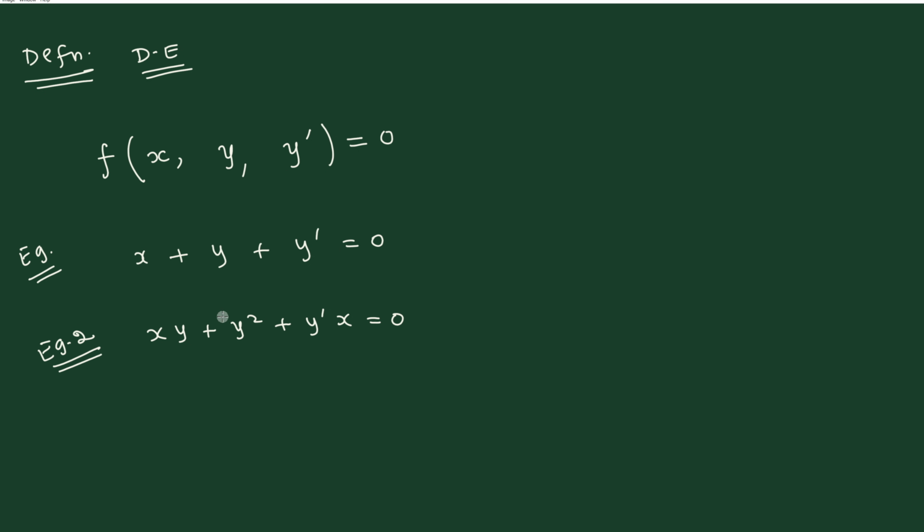And if you are going to write any one of them, whether it is the first example or the second example, or you can write down anything you like. For example, I can write down x plus sine y plus logarithm of y prime divided by x equal to 0.